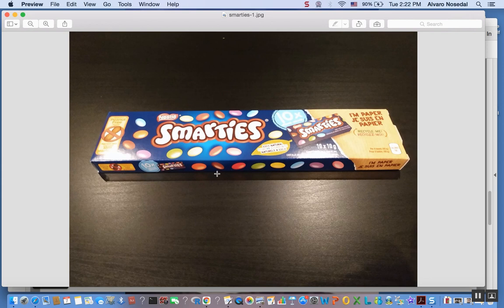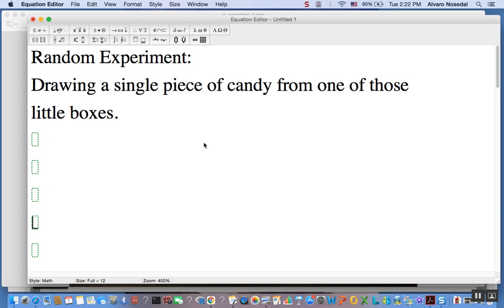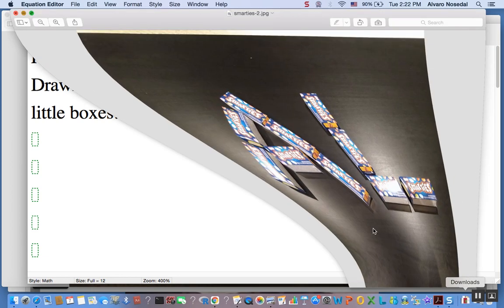So, next step. Let me present the random experiment that we are going to discuss. That's a random experiment. Drawing a single piece of candy from one of those little boxes. Oh, let me show you what little boxes I have in mind, right?